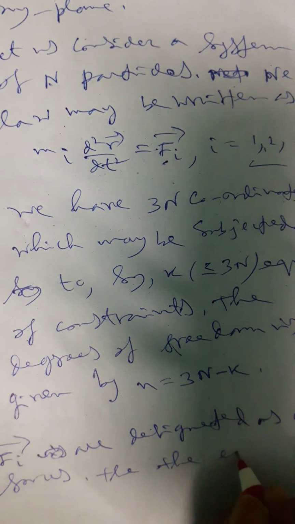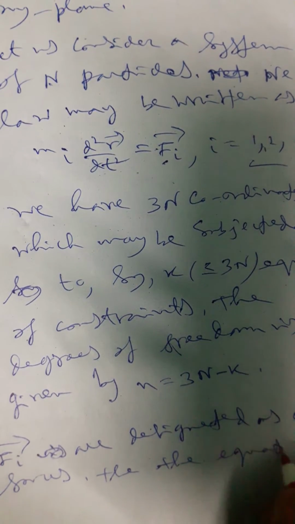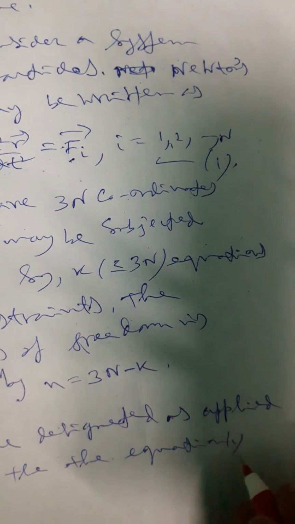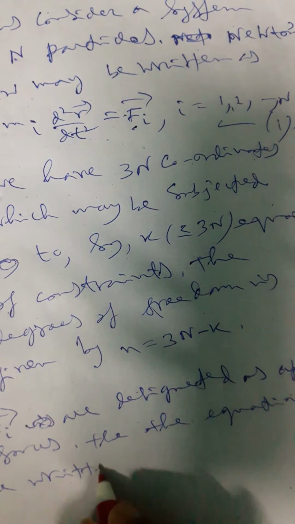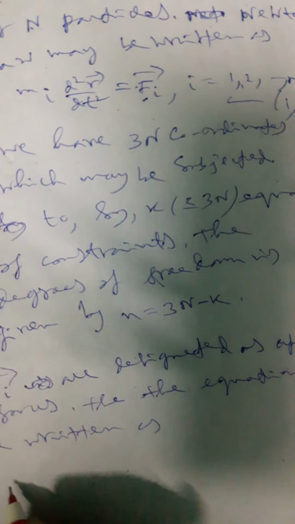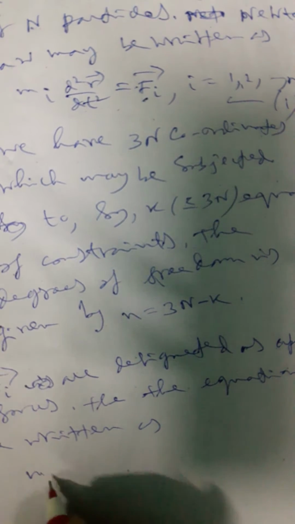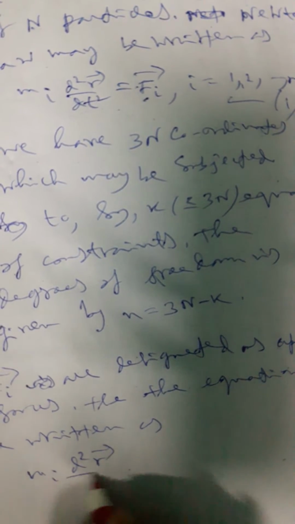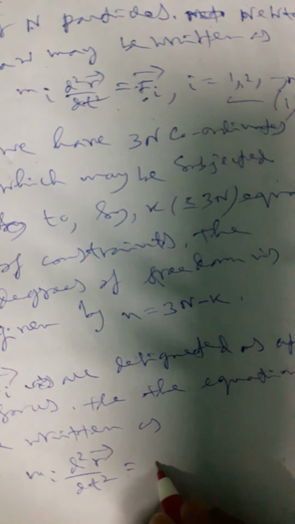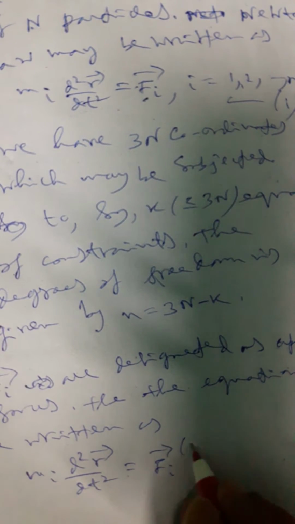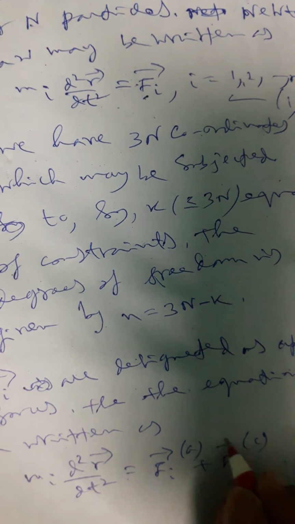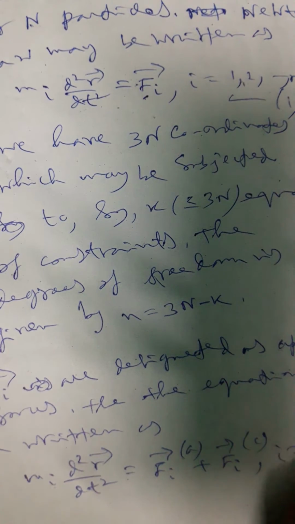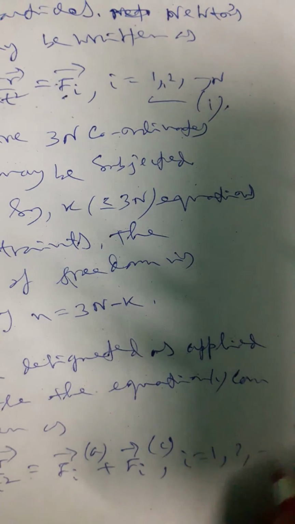Equation 1 can be written as m i d2r dt2 equals F i, the applied forces, plus another F i, the constraint forces, for i equals 1 up to n.